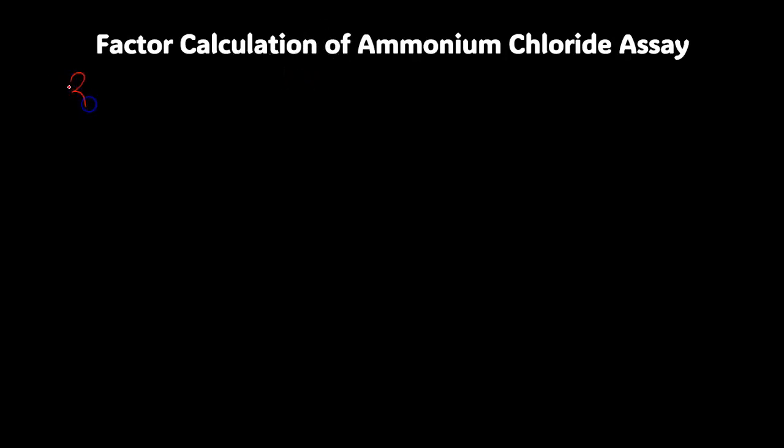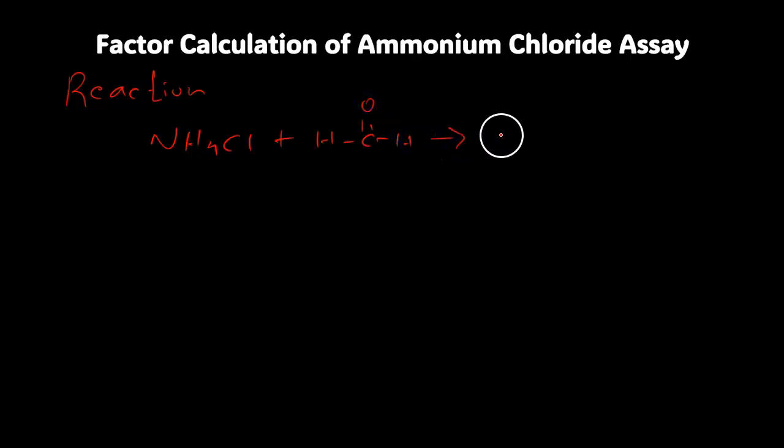The reaction is: ammonium chloride reacts with formaldehyde and produces methylenamine. Along with methylenamine, it produces one more important compound, that is acid.